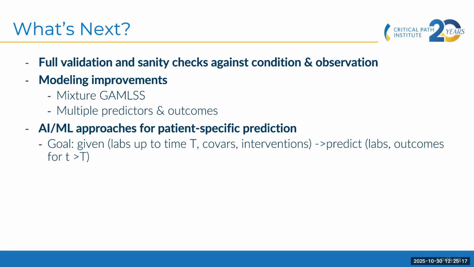And then there's a host of different modeling improvements, even if we only look at the problem as it is now, which is trying to understand the dynamics of different labs compared to just postnatal age and gestational age. There's improvements that we can make to the models. But there's also more advanced modeling that we can do that's more akin to the idea of a digital twin model or a personalized prediction model that I've been working on.